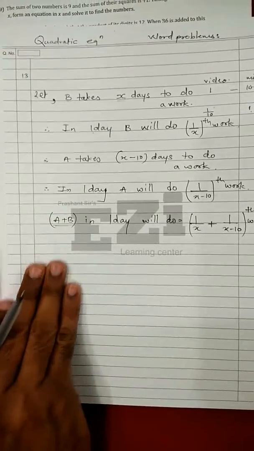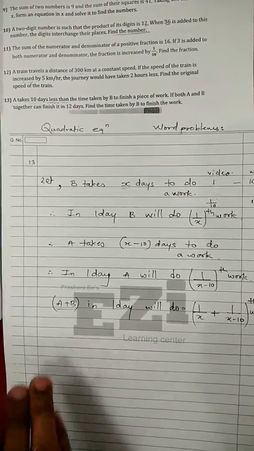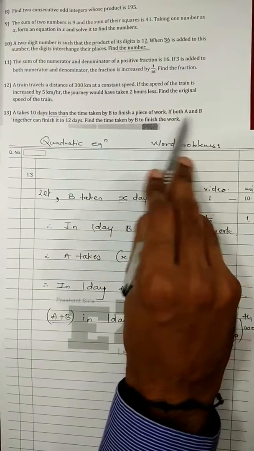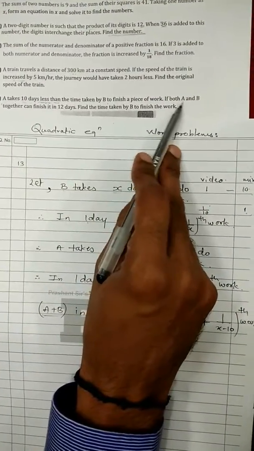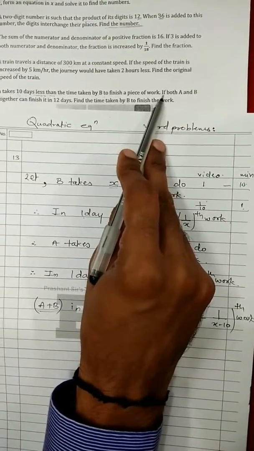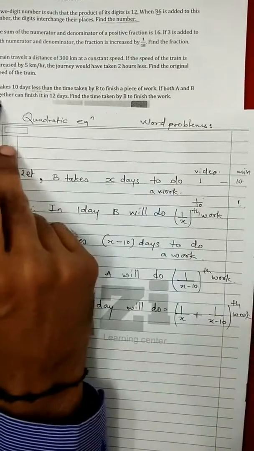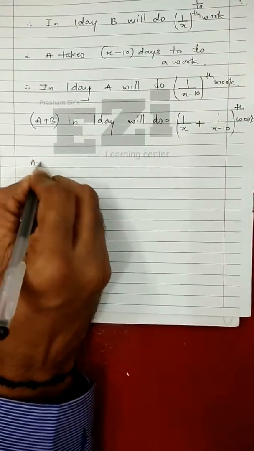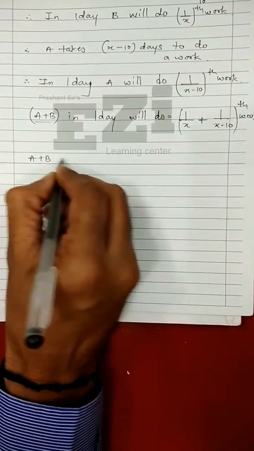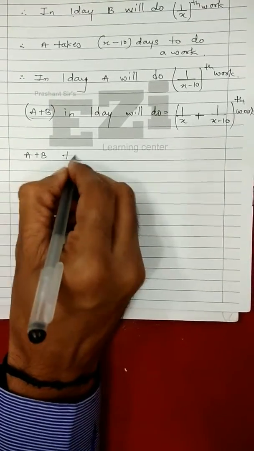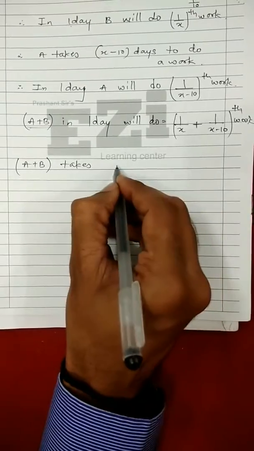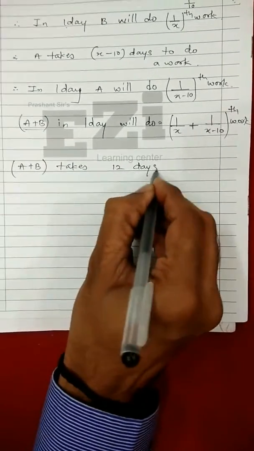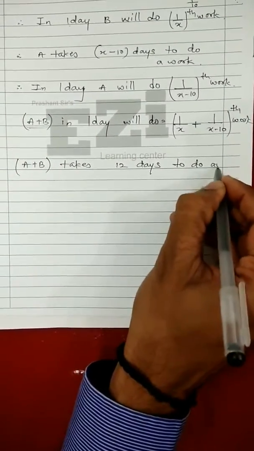So let's read the question again. If both A and B together can finish it in 12 days, so obviously here is one piece of data given. If both A and B together can finish in 12 days, that means A plus B takes 12 days to do the work.